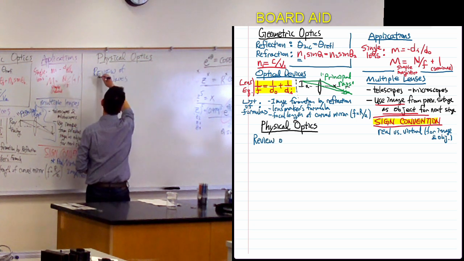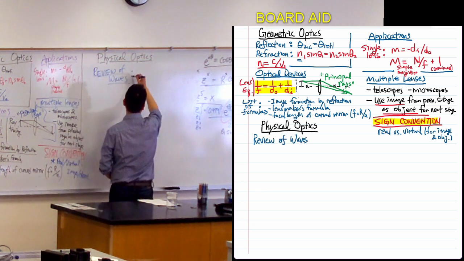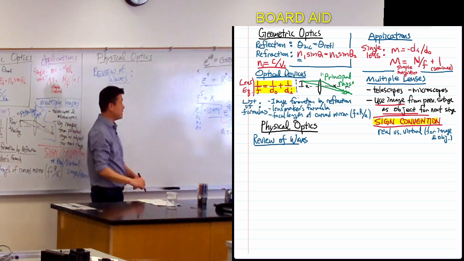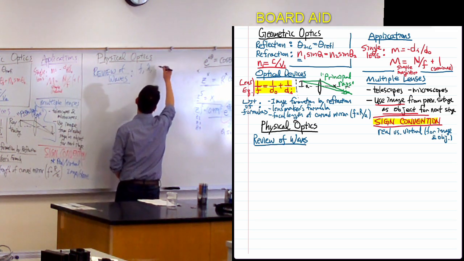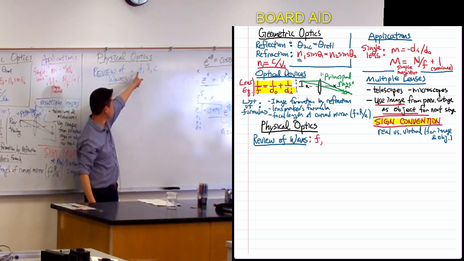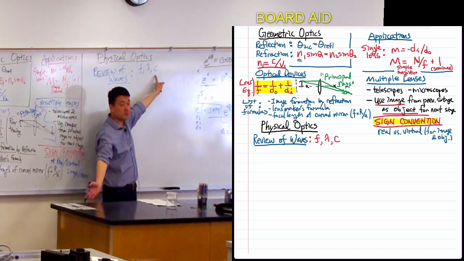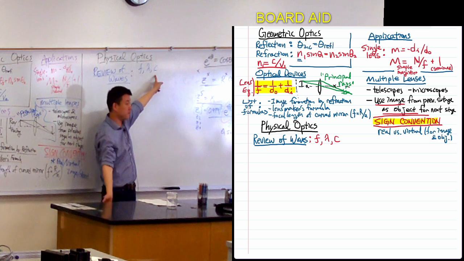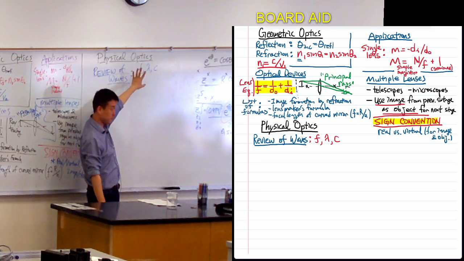And there are a few things to know about waves, like I guess you should know what all these symbols stand for: wave frequency, wavelength, wave speed. Knowledge that usually wave speed is a property of the medium, and as the wave goes from one medium to another, frequency usually remains the same, all that stuff.